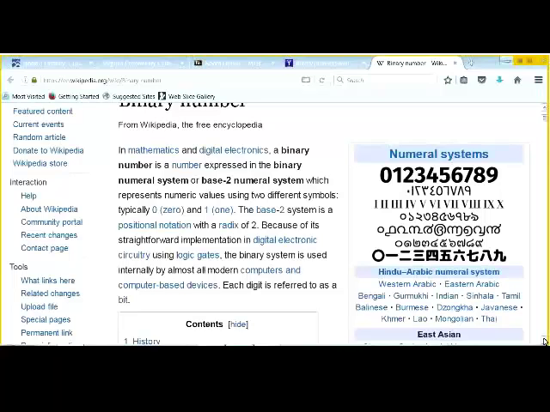And how does that relate to truth tables? Well, true you can consider to be a 1, and false you consider to be a 0. And in computer chips, 1 could be 5 volts, and 0 could be 0 volts.